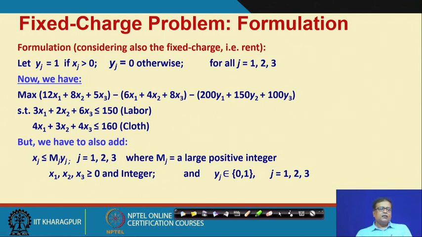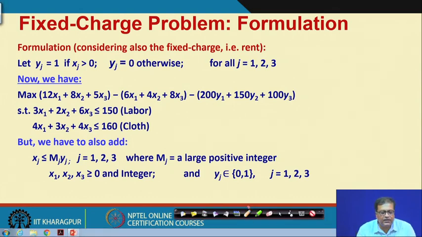The idea is that xj should be less than or equal to mj yj. See, the point is that we are maximizing a function. So, when we are maximizing a function, let's understand this carefully.